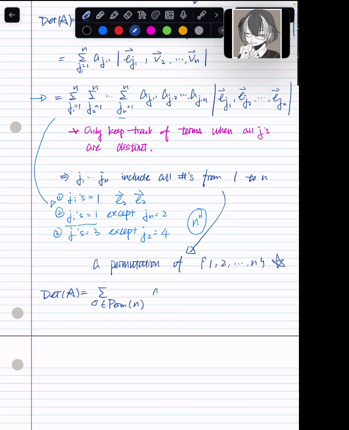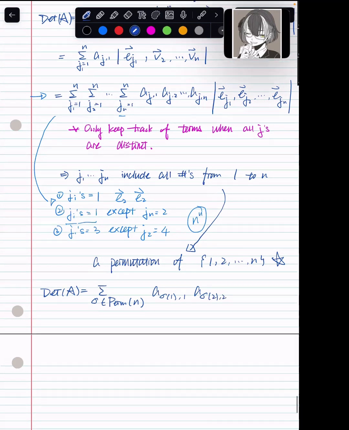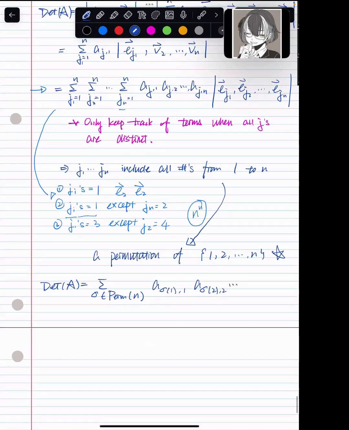Basically, I have the factors: the first factor is alpha sigma 1 comma 1, and the second is alpha sigma 2 comma 2, all the way to alpha sigma n comma n.